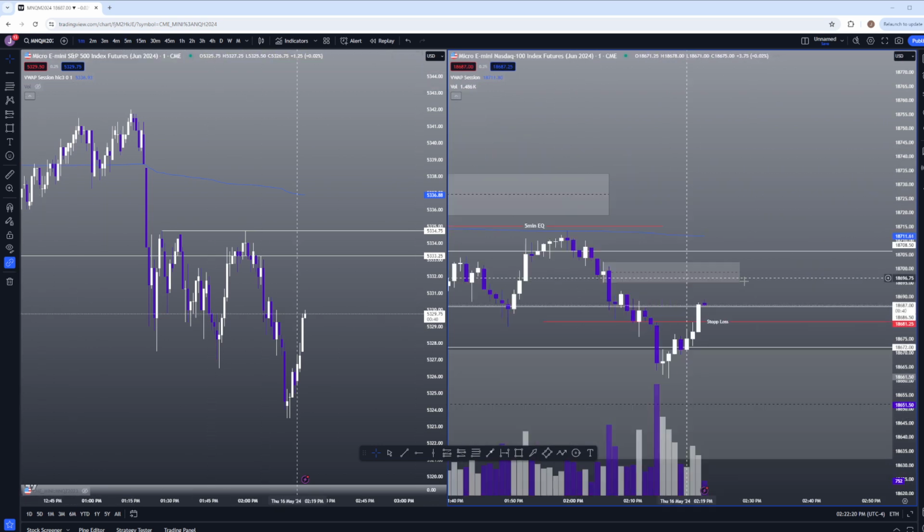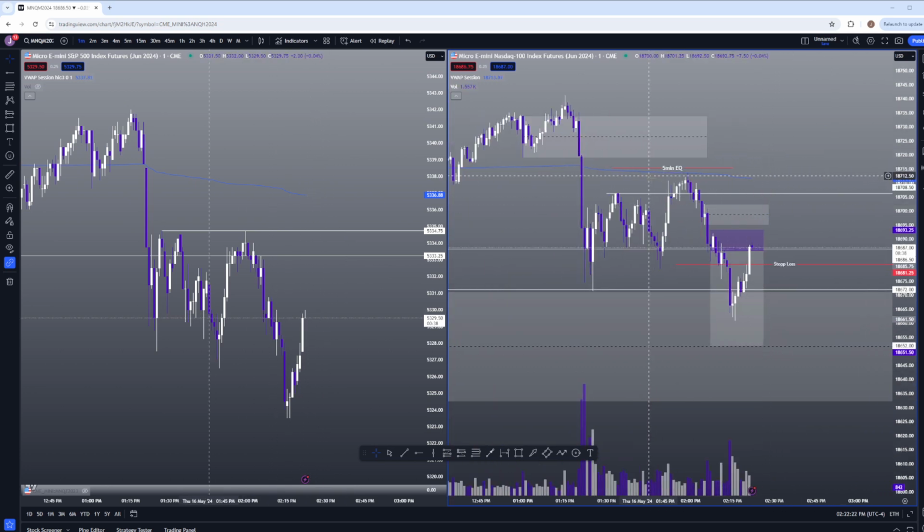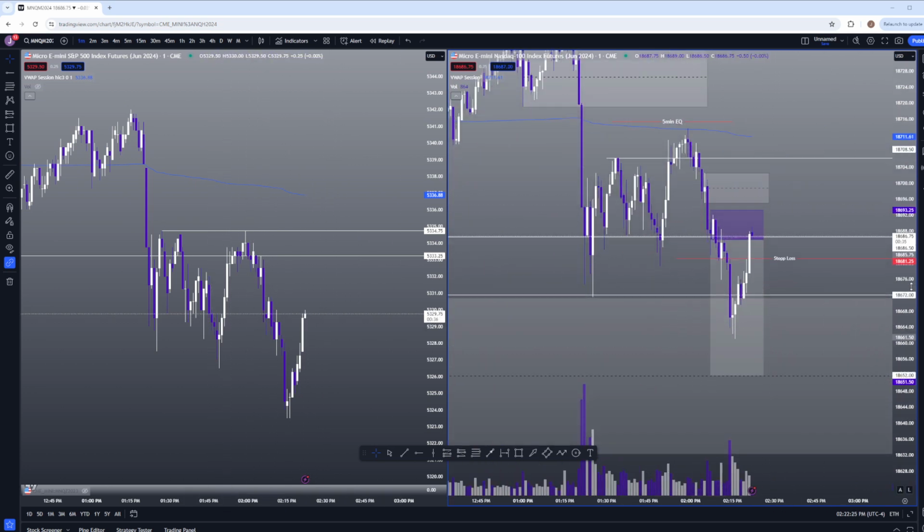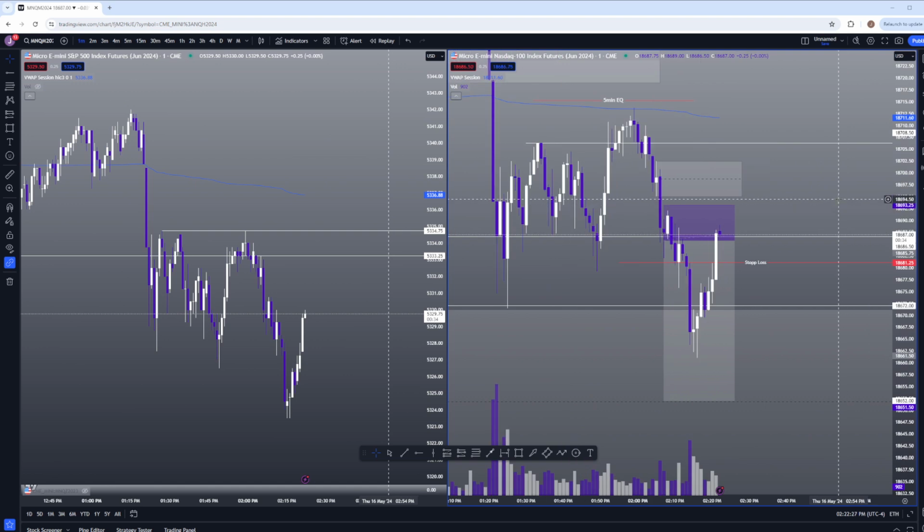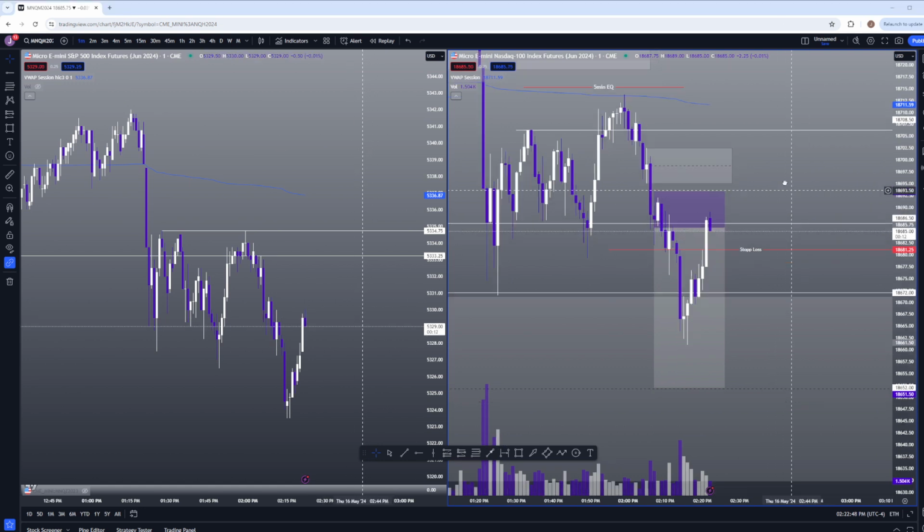I mean, yeah, this could be the true power of 3, but we did already come up and grab buy side liquidity first. I'm willing to take another trade. I'm still going to look.